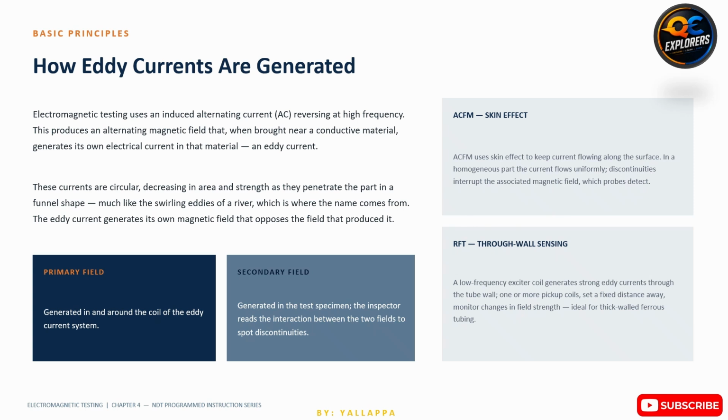Understanding the relationship between the primary field, induced eddy currents, and the secondary field is essential because every eddy current instrument ultimately measures the interaction between these electromagnetic fields. With this foundation established, we can now examine the complete four-step induction sequence used in eddy current testing.